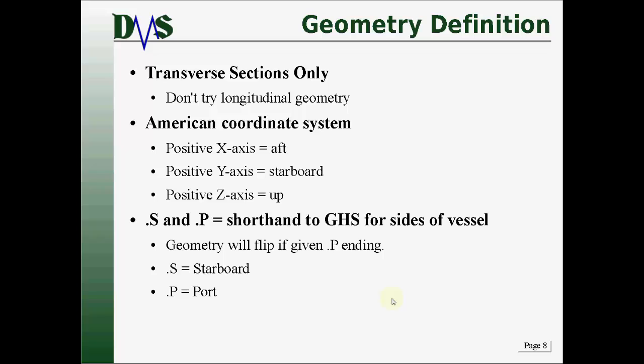It will actually take all of those positive Y coordinates and turn them negative to put them on what GHS thinks is the port side of the vessel. So just remember that of how that feeds into your coordinate system naming. The other one here that you can also use is a .C extension, which stands for centerline. GHS will take an object and mirror it to both sides of your vessel. That's really, really handy for a hull, for example, so that you only have to define half of your hull shape.